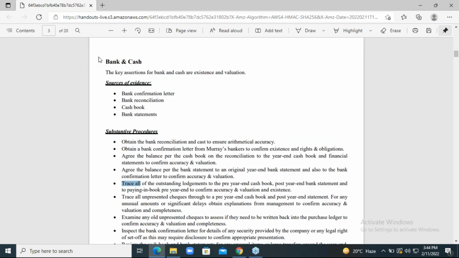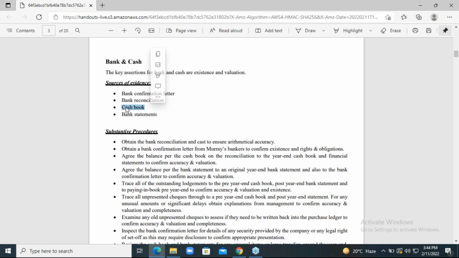So you should be able to understand the conceptual framework. In my opinion, if you want to memorize bank and cash procedures, first of all, you need to have command on these 4 important evidences, that you are going to use bank reconciliation, then bank confirmation letter, then you would tally many of the items written in bank reconciliation with the cash book. Sometimes you are going to tally with pre-year end cash book, then you are going to tally it with post-year end cash book, and bank statement is more reliable evidence than cash book.